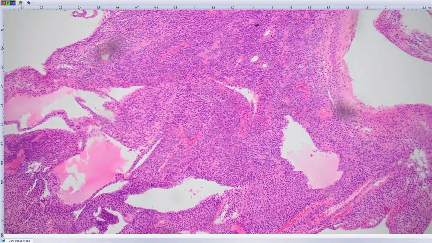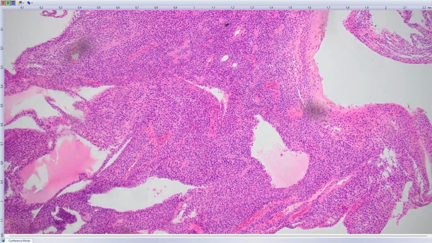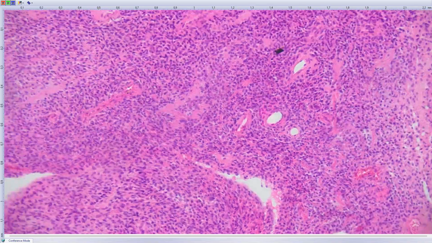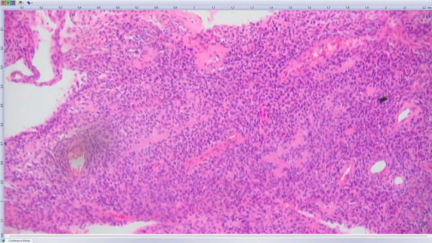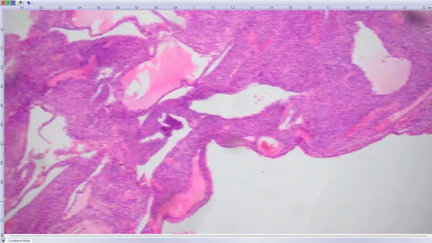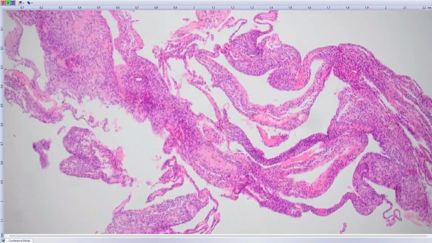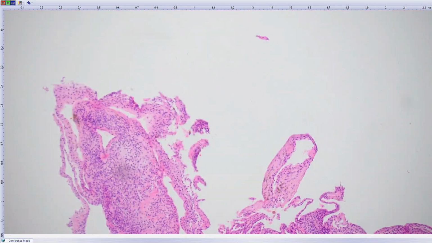So there was no mitotic activity, not really atypia, just increased cellularity, ovoid to spindle cells, this sclerotic hyalinized stroma and perivascular hyalinization. So there were many possibilities, but the immunohistochemistry basically showed only focal positivity.